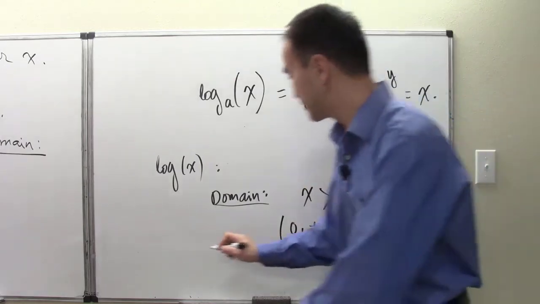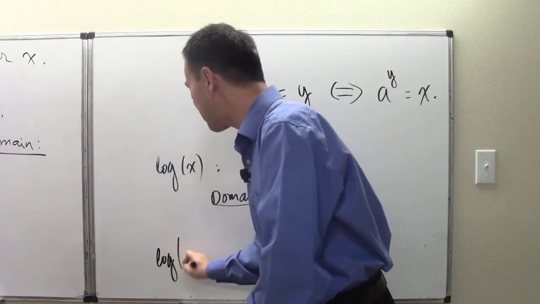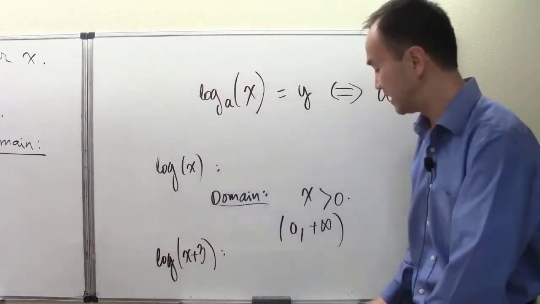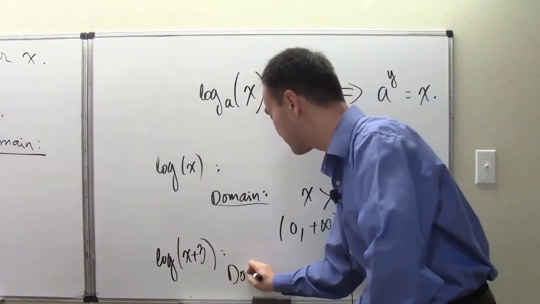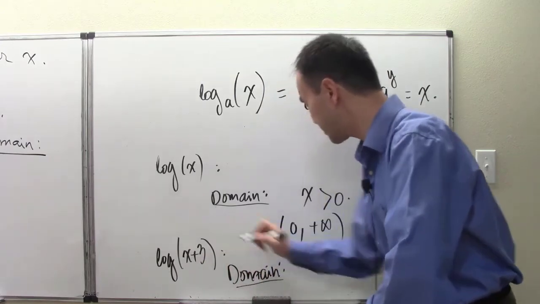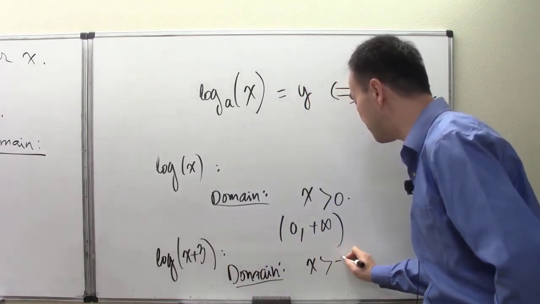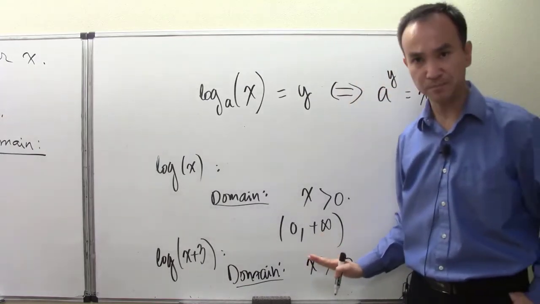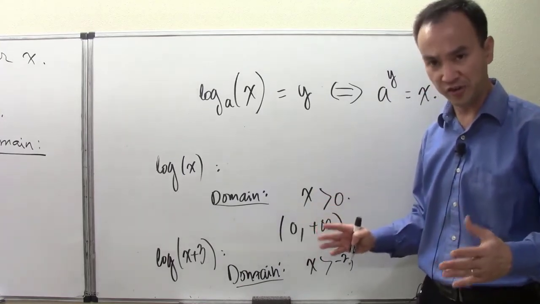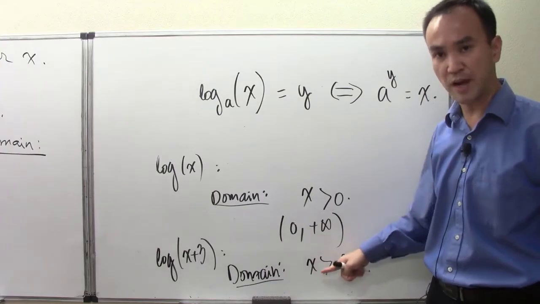However, for the other term, which came from the function log base 10 of x plus 3, the domain is different. The domain for this log term is x greater than negative 3. In my lecture, where I introduced logarithm functions, you learned the technique for how I can come up with these domains so quickly.